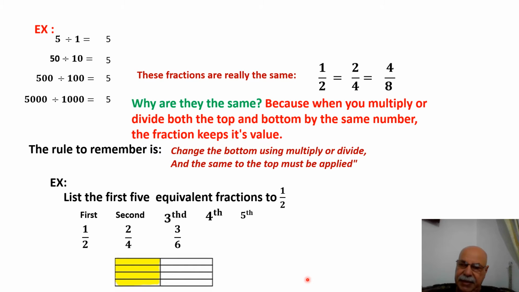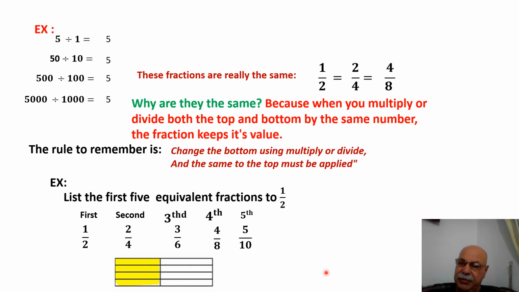And the third is 3 and 6, then 4 and 8, then 5 and 10. This is 1, 2, 3, 4, 5.